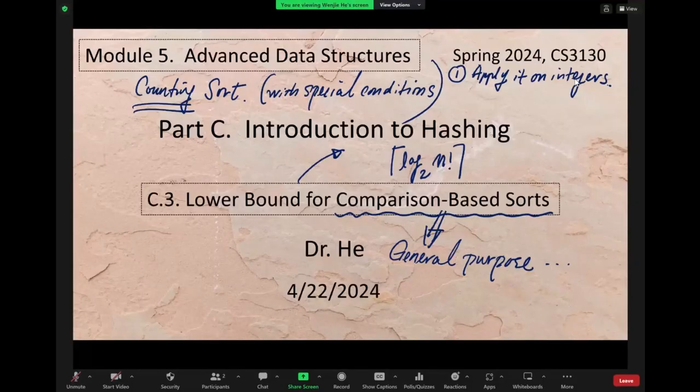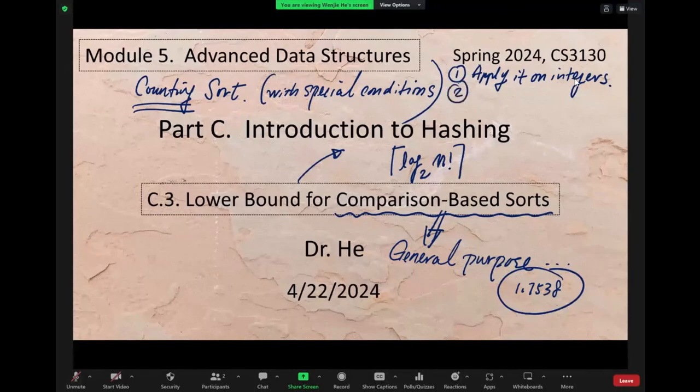For example, you have a floating point number 1.3578. When you do counting, it could be very messy. So in general, you cannot apply the counting operation here. So that's the first assumption.